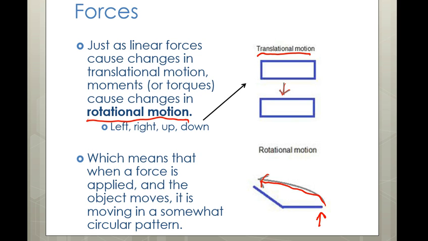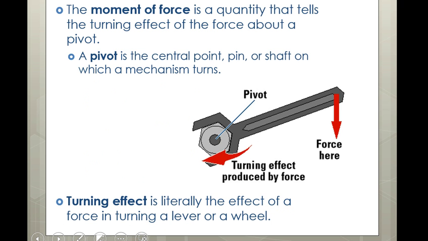Now this only works if I'm dealing with a pivot, and it causes the object to move in what's known as a circular pattern. So, a moment of force is a quantity that tells us about the force that is causing the turning effect. And it has to happen around what's called a pivot. This is the central point, either like a pin or a shaft, around which something turns.